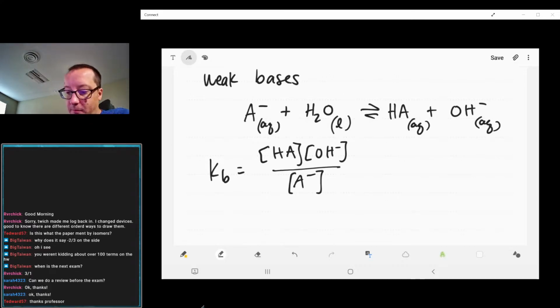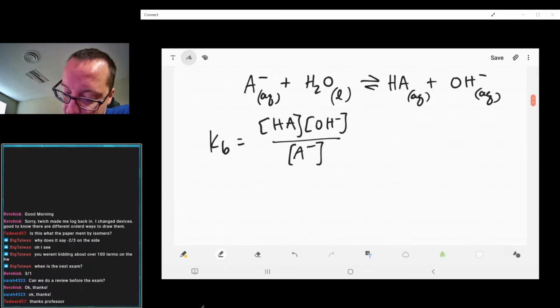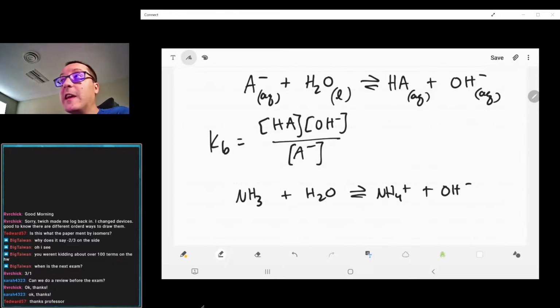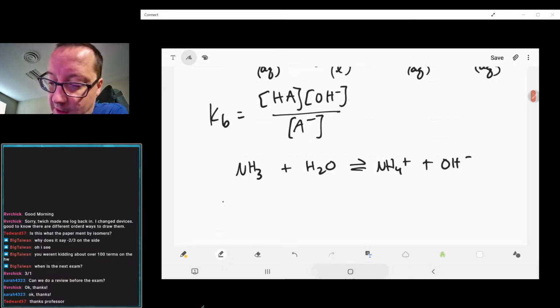To put this in context, let's say we had some ammonia that was aqueous. The equilibrium would make ammonium and hydroxide ions. So Kb for ammonia would be equal to NH4 plus, that's the protonated form.